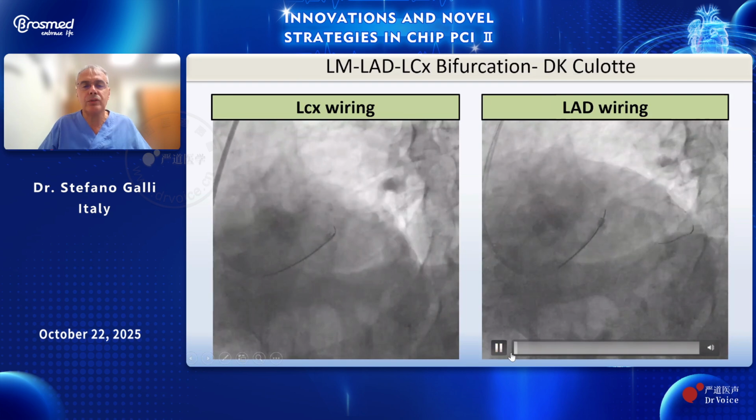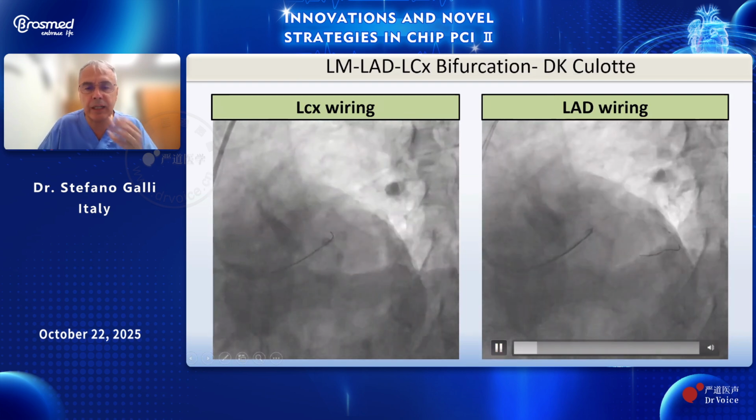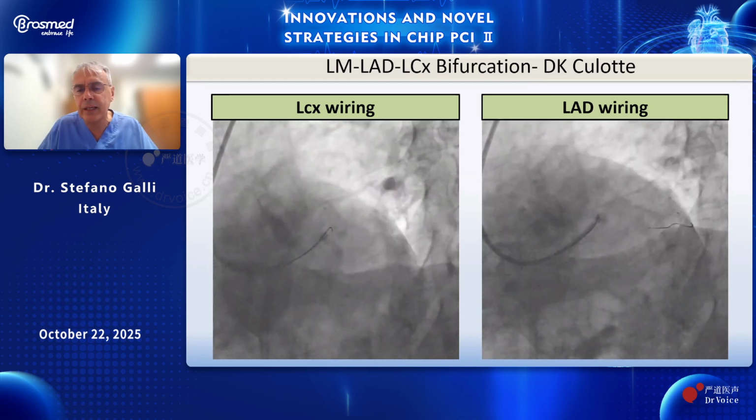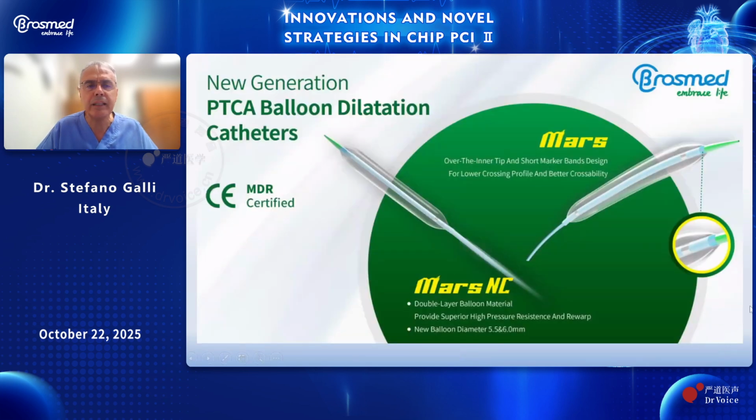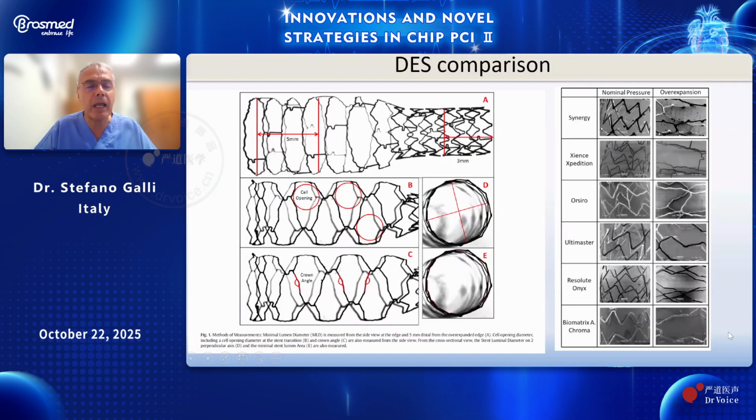You see the wiring of the circ and then the wiring of the LAD, and then we prepare both branches with a Mars semi-compliant balloon 3.0 by 15 millimeter. This is a Mars balloon. It's important: the double layer balloon material provides superior high pressure resistance. In this case, it's very important to choose the depth, the opening cell angle and the area of the cell.